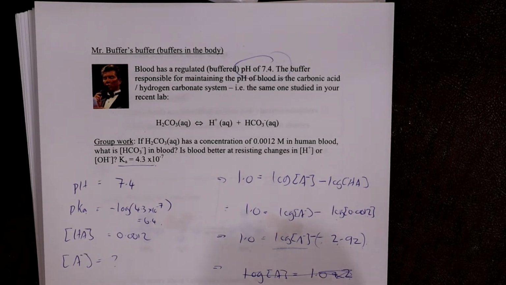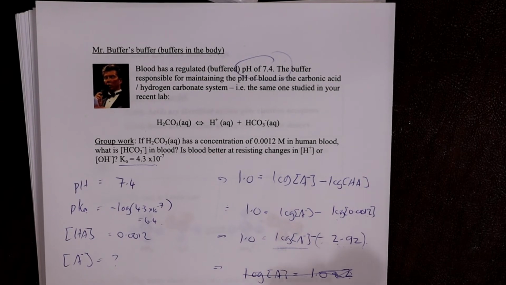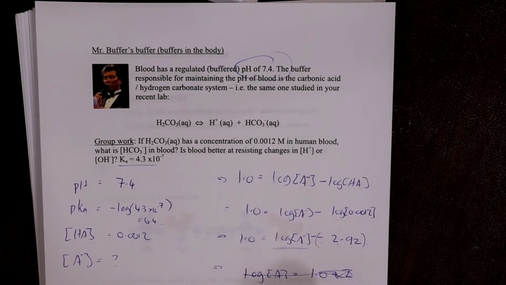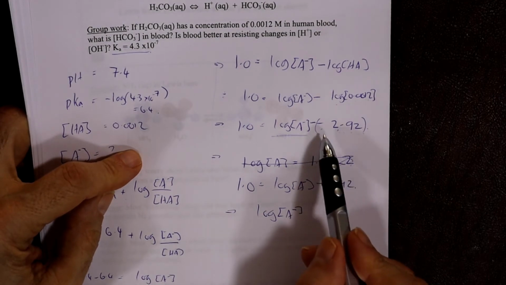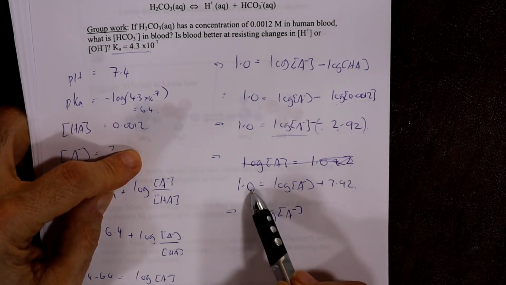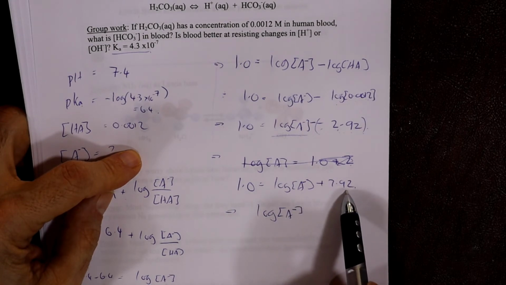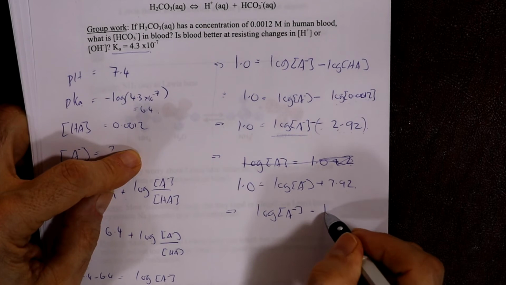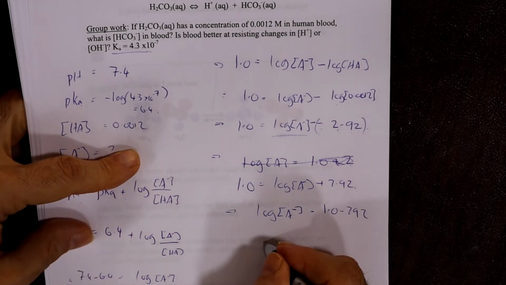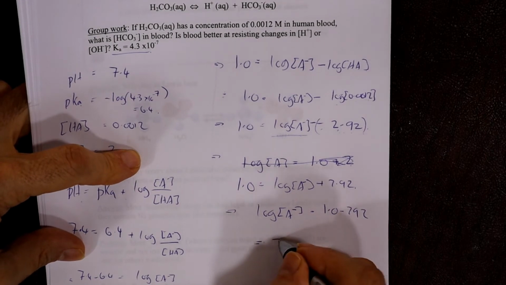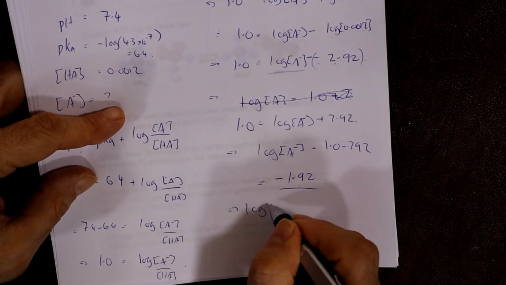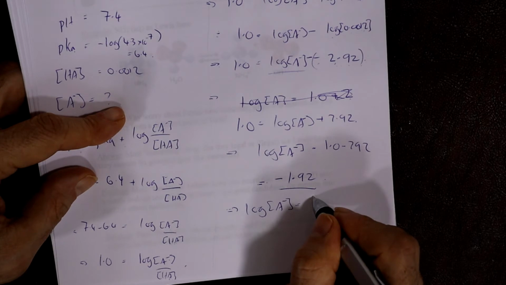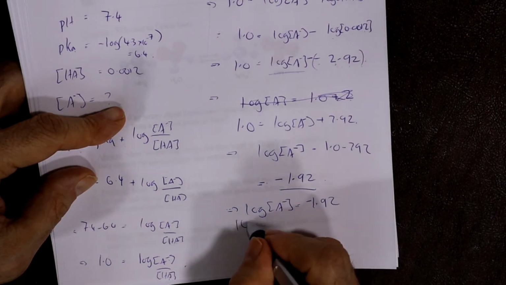So 1.0 equals log A minus plus 2.92. Therefore 1.0 minus 2.92 equals minus 1.92, so log A minus equals negative 1.92. Do the 10 thing.